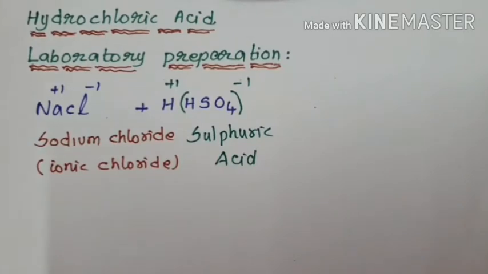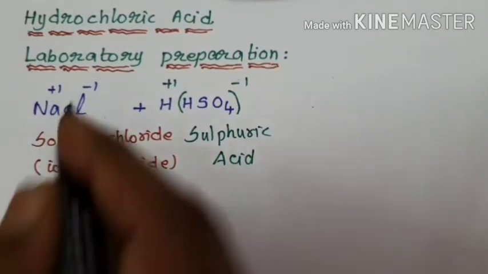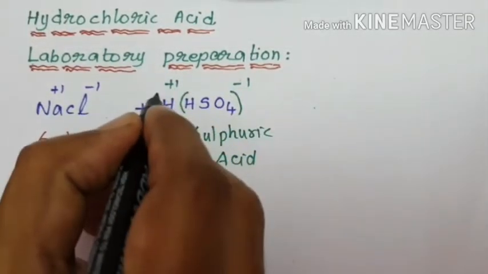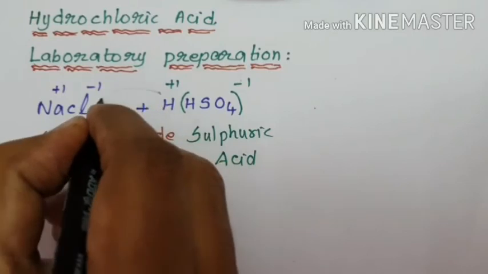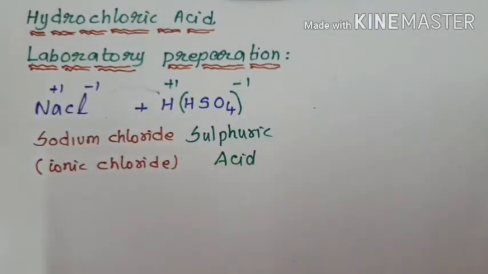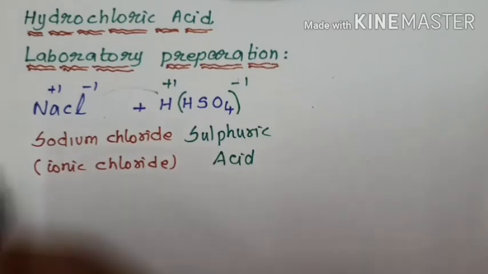Now we know a plus ion always combines with a minus ion. H plus combines with Cl minus to form HCl.